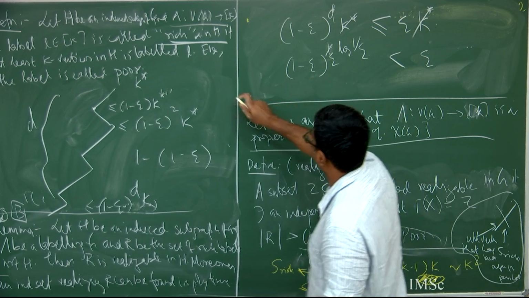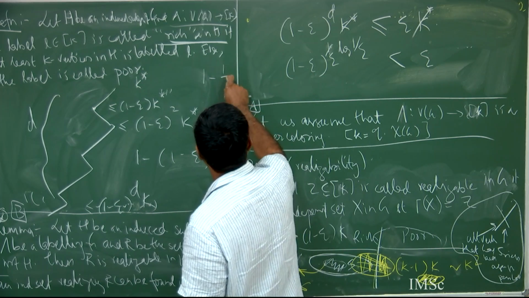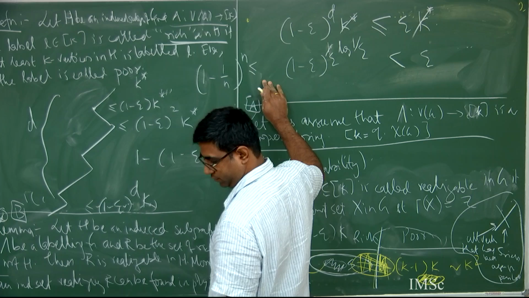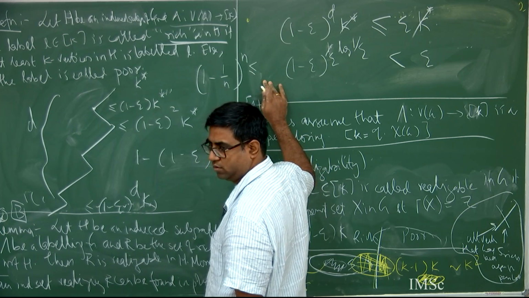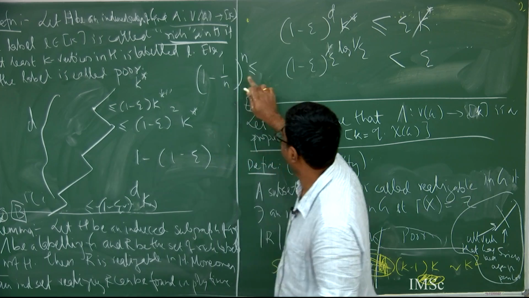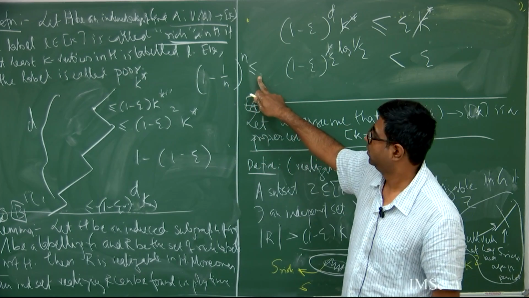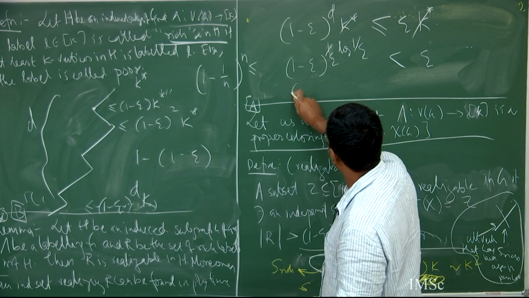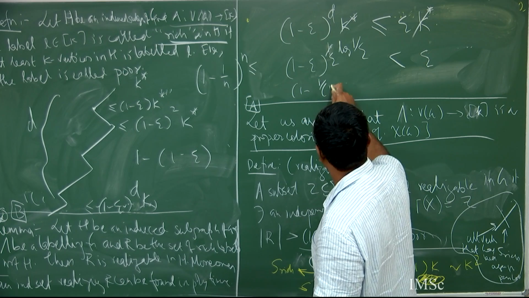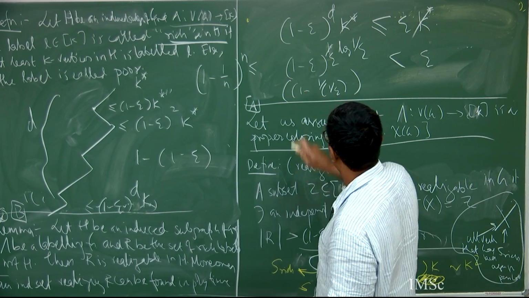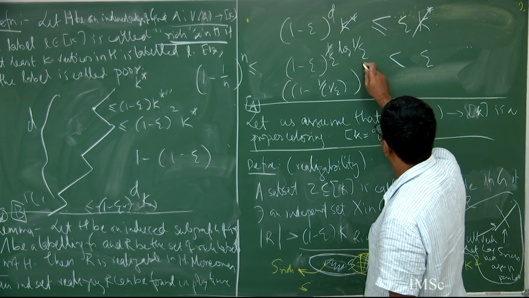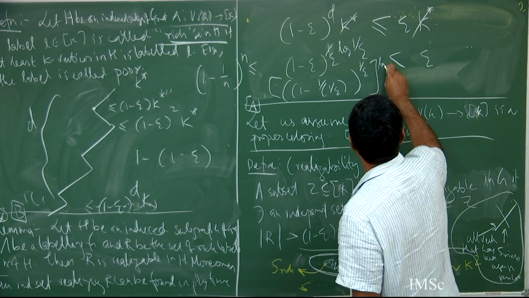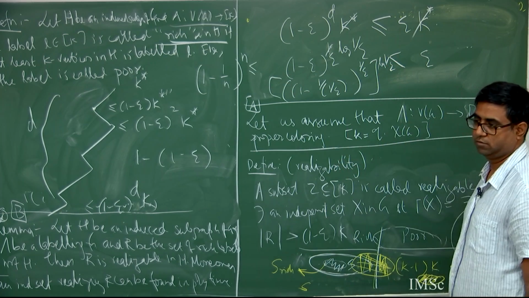So what is 1 minus 1 by n to the power n? It is 1 over e. So this I can write as 1 minus 1 by epsilon, to the power 1 by epsilon, log 1 over epsilon. Agreed?